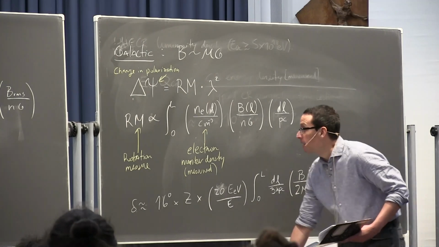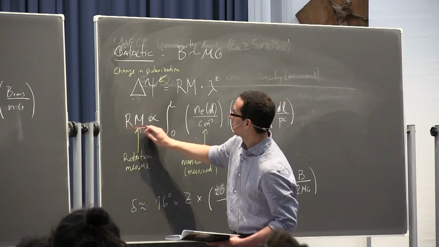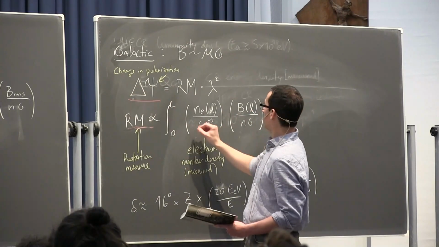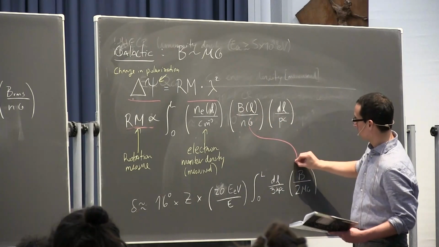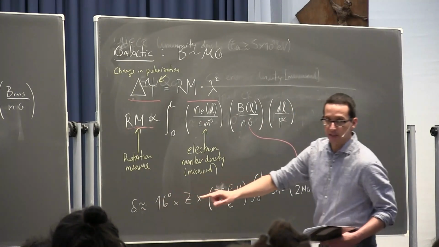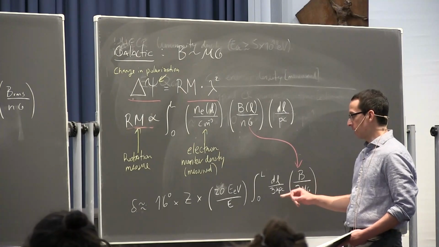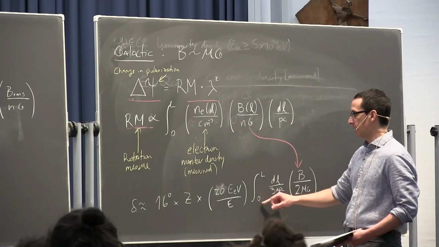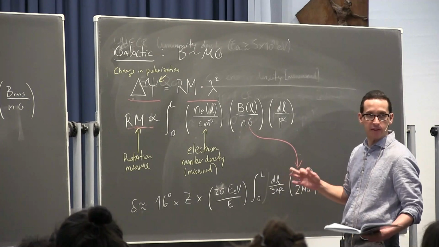So from combining this, not this, sorry, this and this, we're measuring B, and B now goes in here, and then we can calculate the deflection of a cosmic ray with a certain energy that goes through the Milky Way, traversing a path that takes it through a distance L in some direction inside the galaxy.